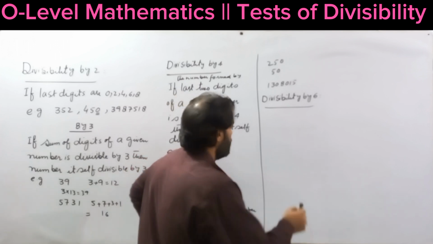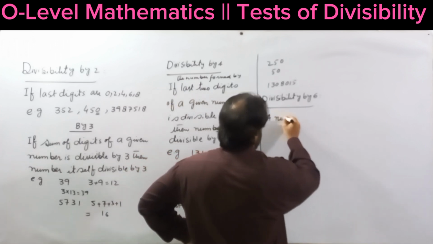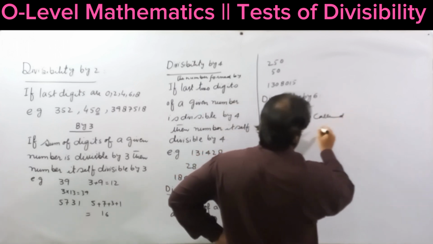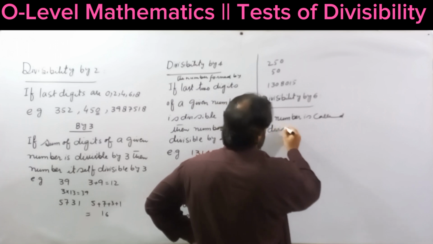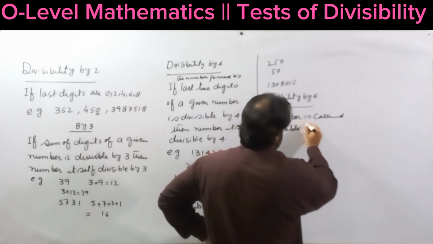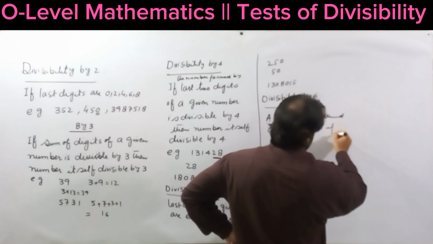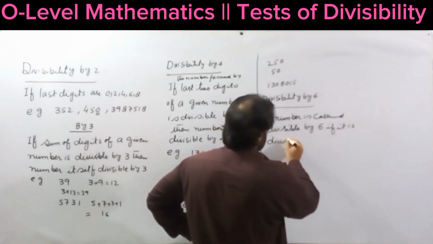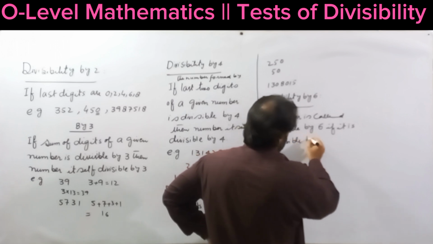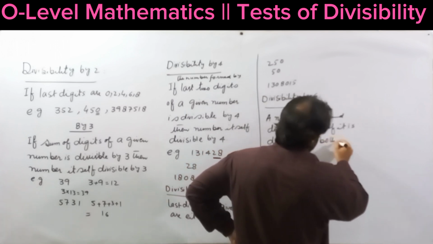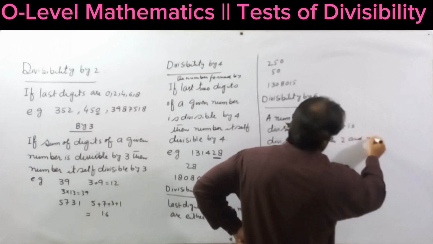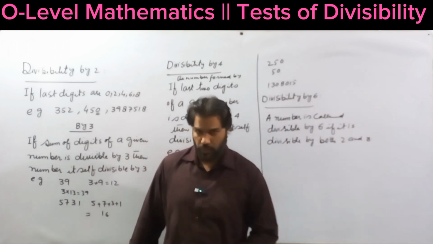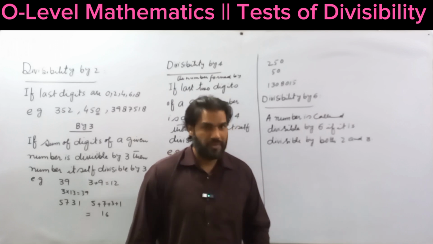A number is called divisible by 6 if it is divisible by both 2 and 3. Now, a number is divisible by 2 when it is an even number.